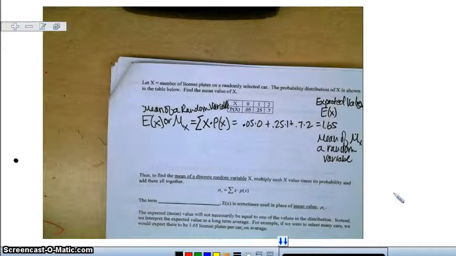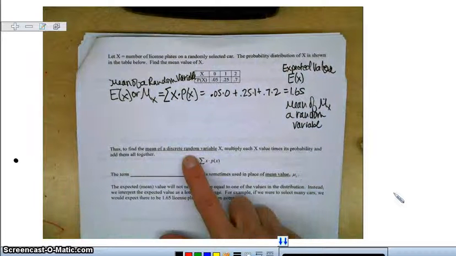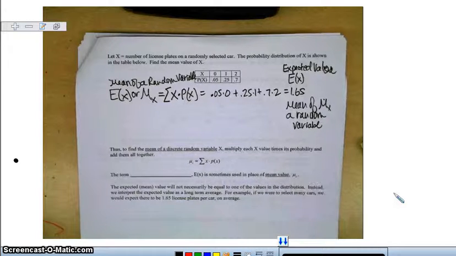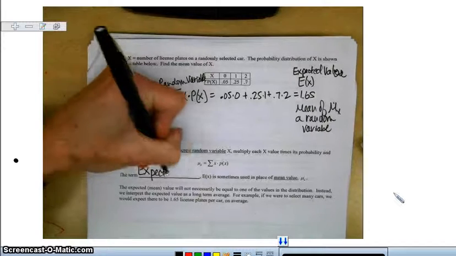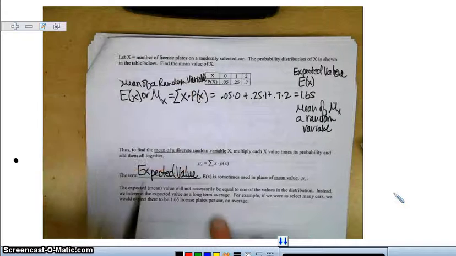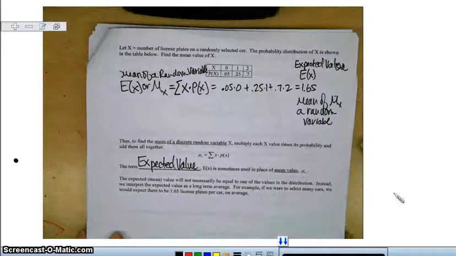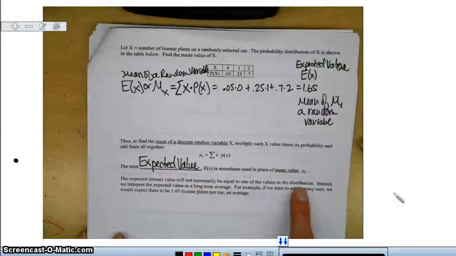So the expected value, E of x, 1.65, is also known as mu of x, the mean of a random variable. We've got the formula down here, the mean of a discrete random variable. That's where we can name the values with single numbers. It's not continuous. We multiply each x value times its probability and add them all together. The term expected value, E of x, is sometimes used in place of the mean, mu of x. The expected mean will not necessarily be equal to one of the values in the distribution.